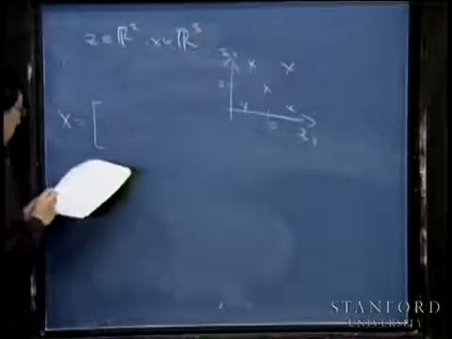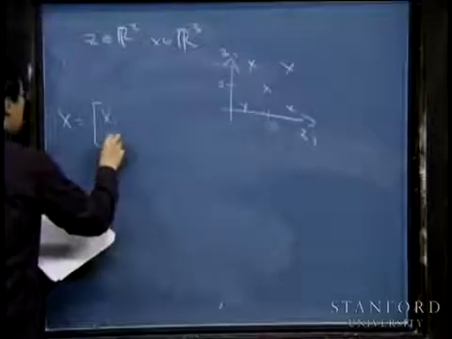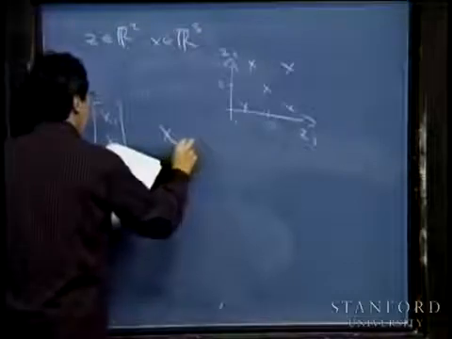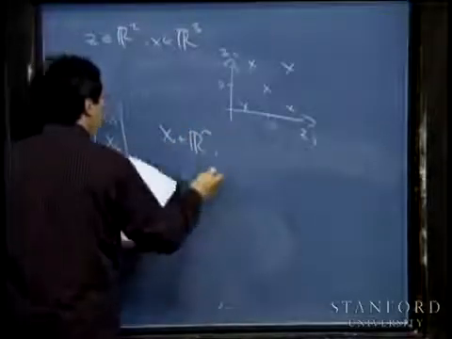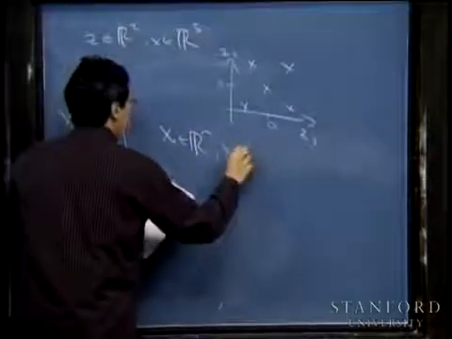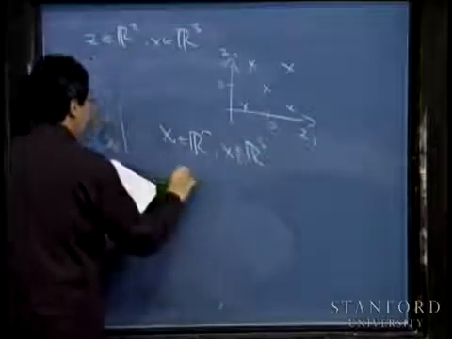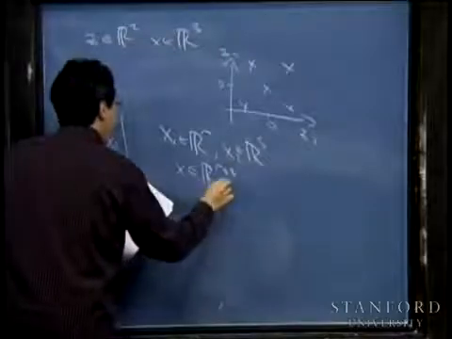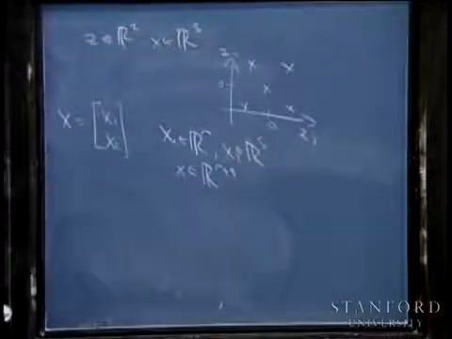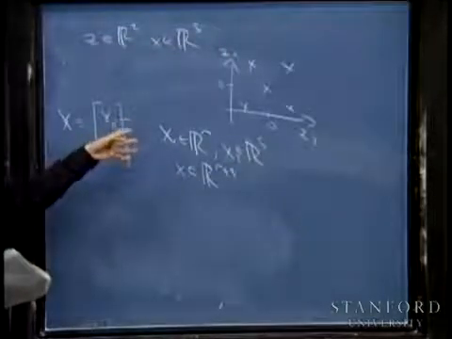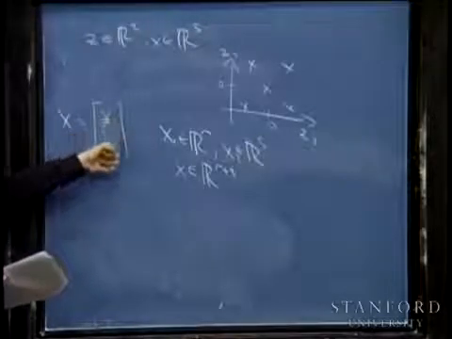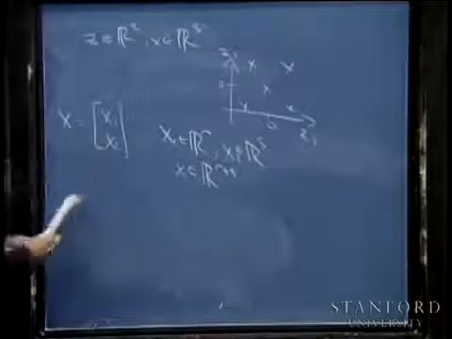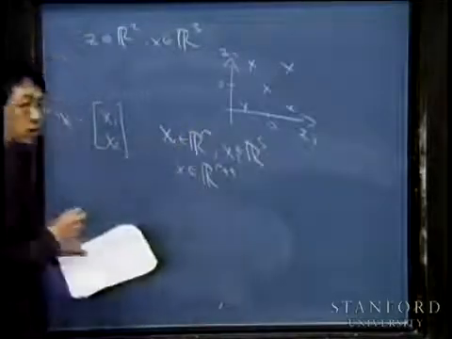I'm going to use this notation x1, x2 to denote partitioned vectors, where x1 is, say, an r-dimensional vector, and x2 is an s-dimensional vector, and x is an r plus s-dimensional vector. So this just takes a vector and partitions it into two halves: the first r elements followed by the last s elements.